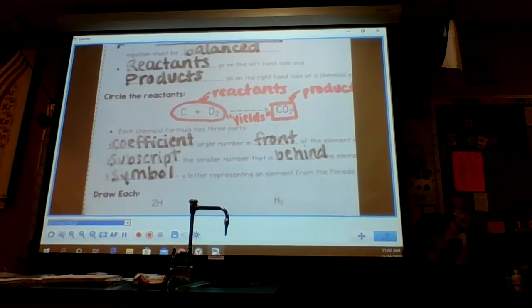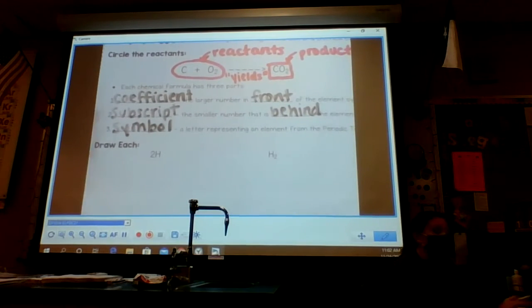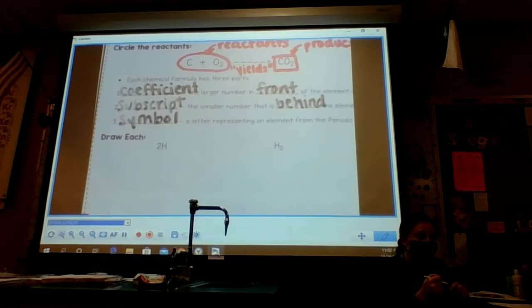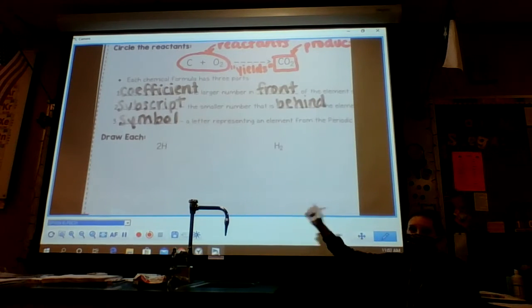Alright, so before we get into balancing, let's talk about how down here, in both situations, in this 2H and in that H2, how many hydrogens do I have? 2. But they mean something different, or else they'd be written the same. So what does 2H mean?